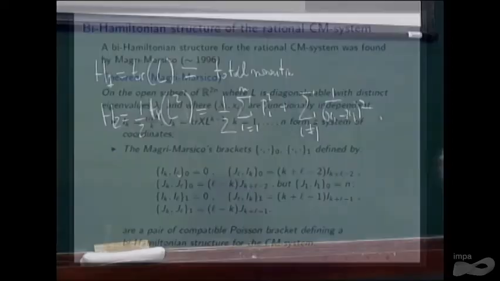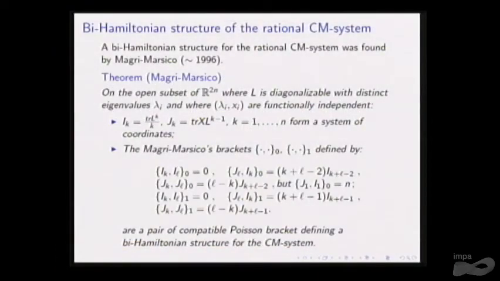Okay, so this was a theorem that was proven by Magri and Marsico, but this theorem, first of all, was a kind of computational result. They somehow proved this result just showing that it was reasonable to do because it was true for n equal to 3, in principle.